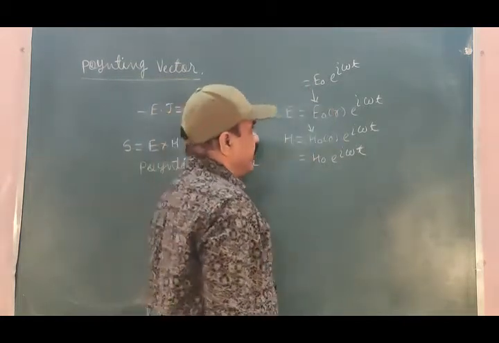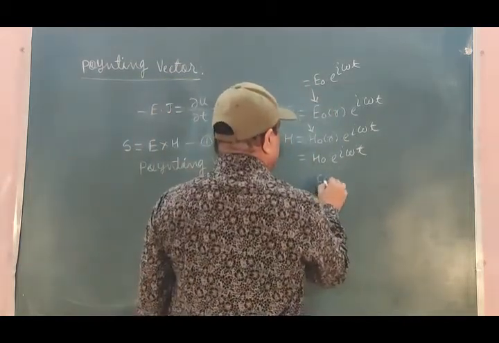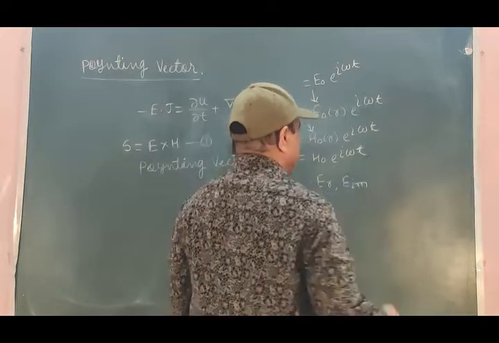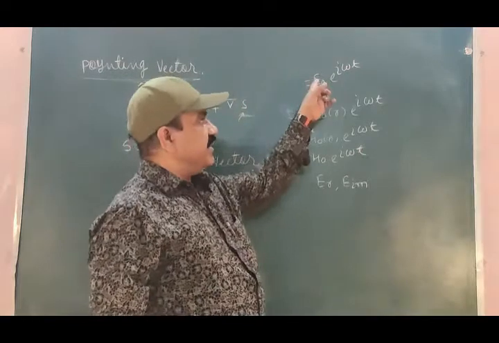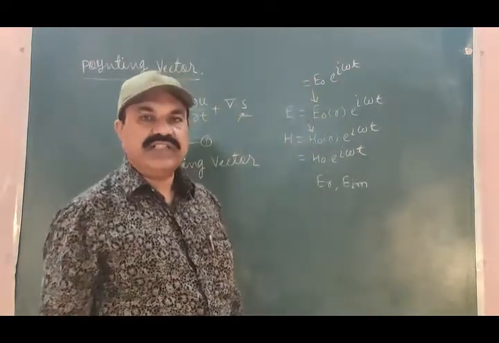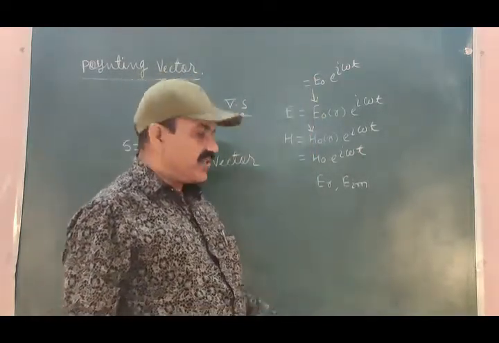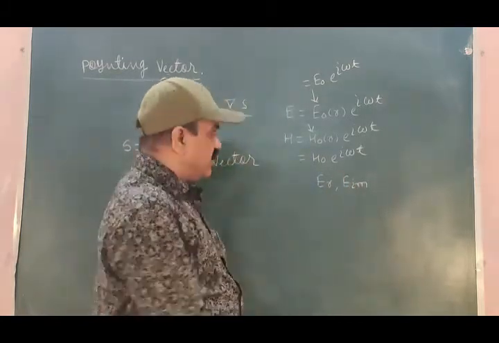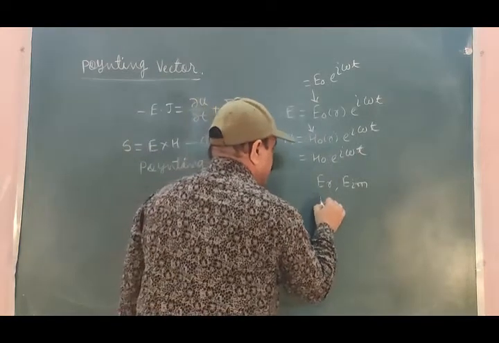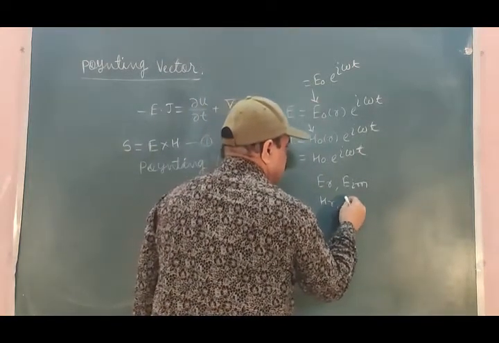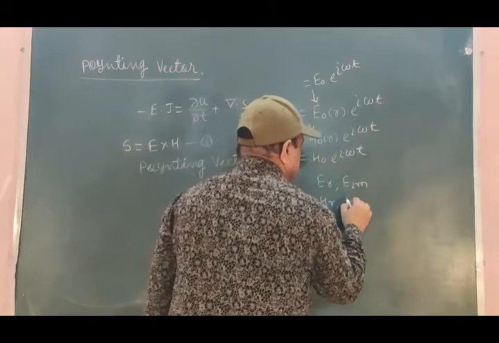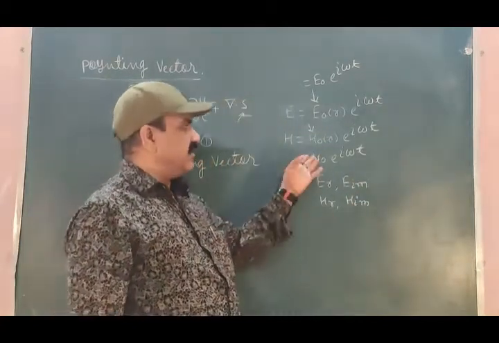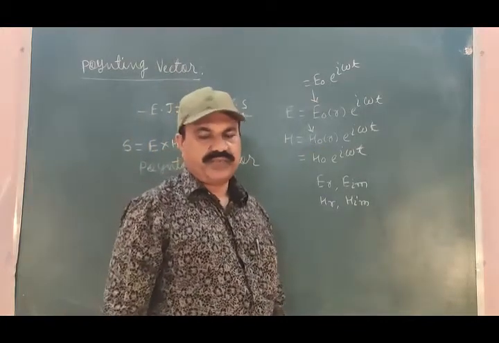This E0 may consist of a real part ER and an imaginary part EIM. The same is true for this H0: HR, the real part, and HIM, the imaginary part of H0.